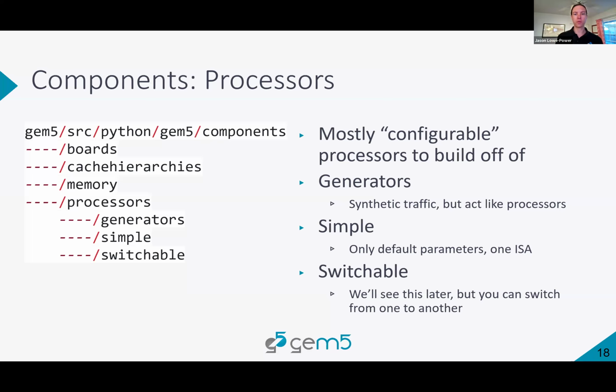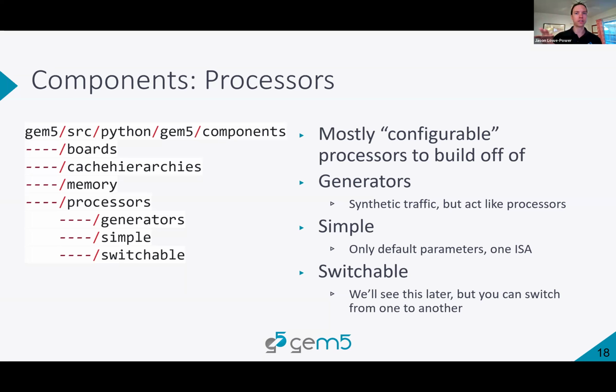Okay, and finally, we have processors. Right now, we have 3 different processors. I expect to have more processors that are tailored to particular pieces of hardware coming soon. Most of these are configurable things, which I try to shy away from, but that's where we are right now. So 3 different types. We have the generators, which generate synthetic traffic, but can act like a processor in your system.